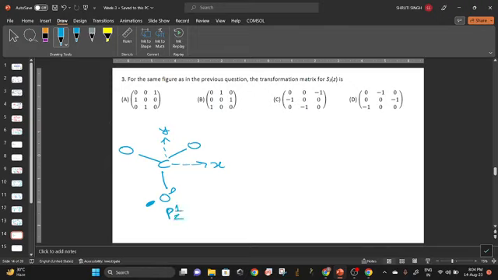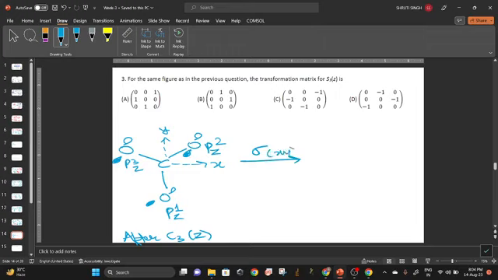So PZ1, this is C3, right? So this is PZ2 and this is PZ3. This is after C3. Now if we apply sigma xy, these will remain at their own place, but the lobes will change.